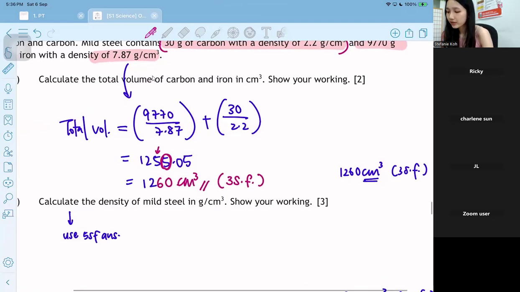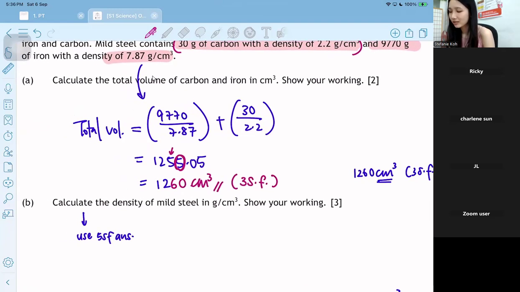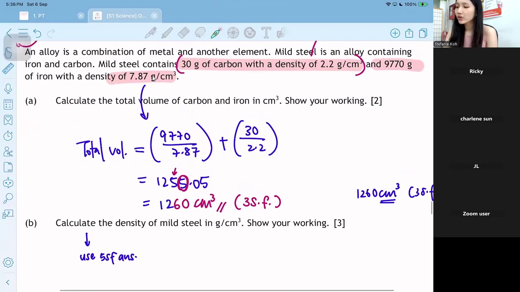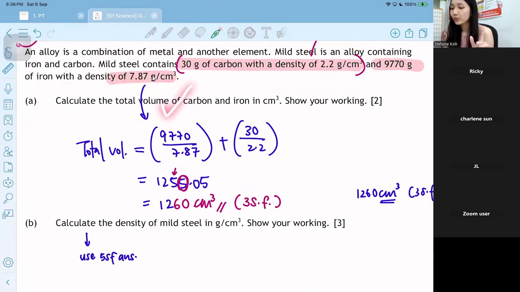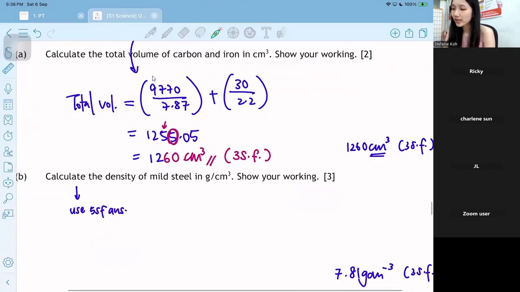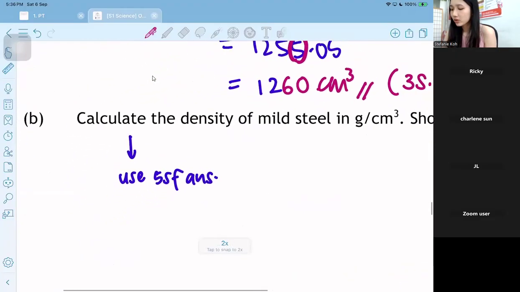Okay? Next, calculate the density of the metal still. So now, you combine all these things together. You know the total volume. Now they want the density of the whole thing combined.